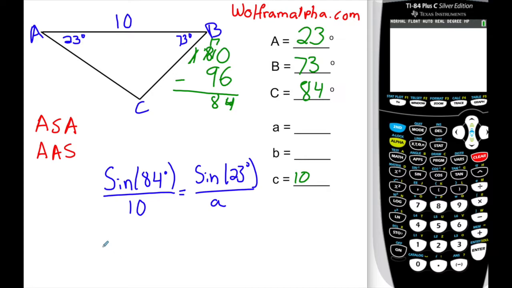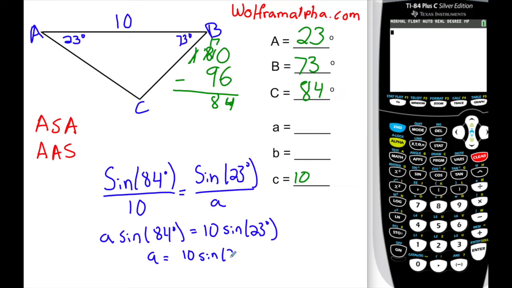So to solve, I'm going to cross multiply, and I get a times the sine of 84 degrees is equal to 10 times the sine of 23 degrees. And now to get a alone, I'll divide both sides by the sine of 84. So a is equal to 10 times the sine of 23 degrees over the sine of 84 degrees, okay?